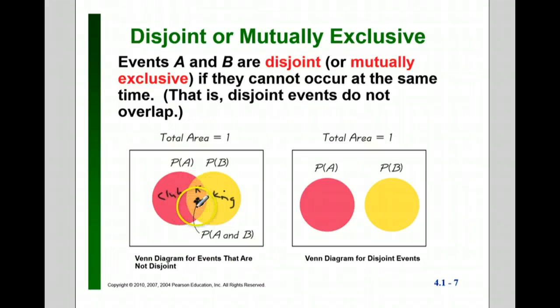It had something in common that belonged to both of these circles. But then if we did something like this is clubs and this is hearts, now they don't have anything in common, so they don't overlap. So you can use a Venn diagram to help you visualize these things, and also you can pick off probabilities from Venn diagrams, and we will definitely do some of that this semester.